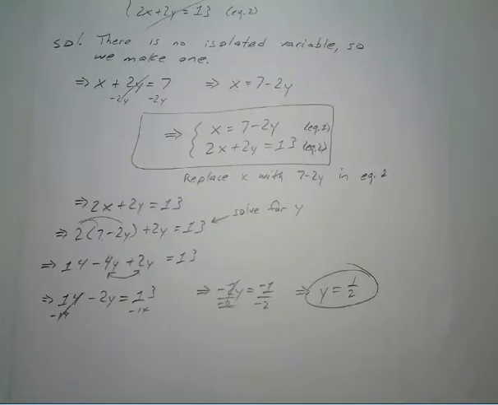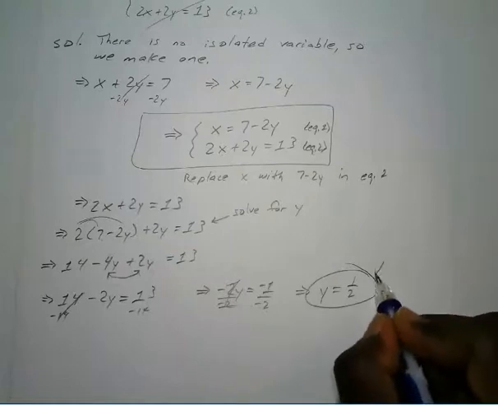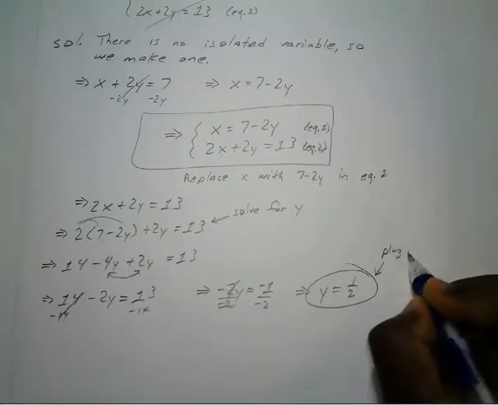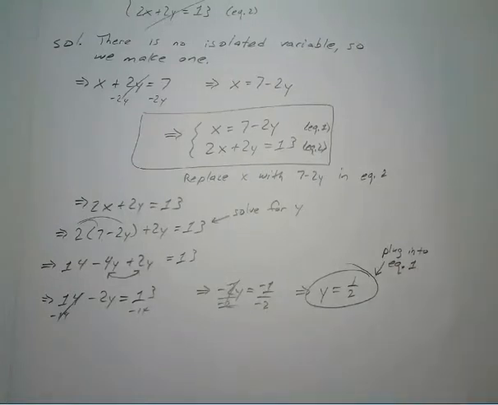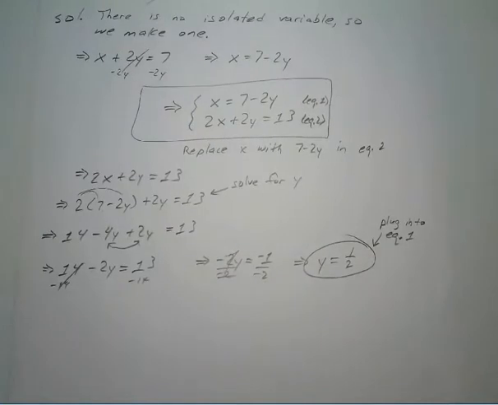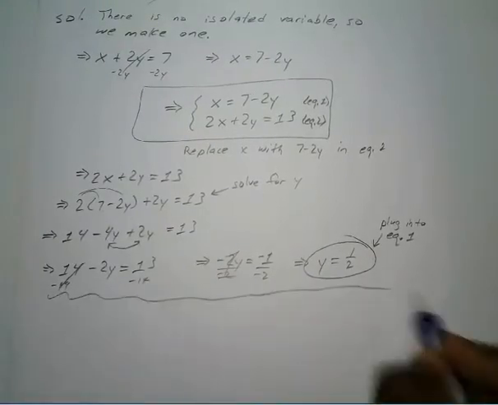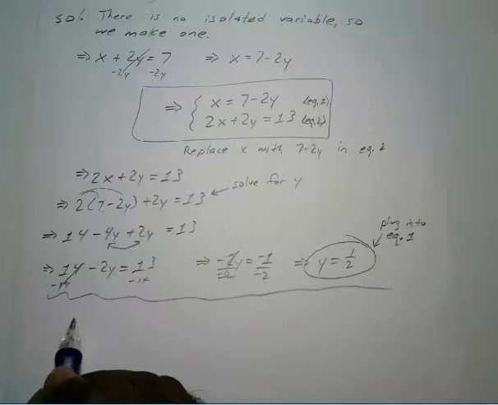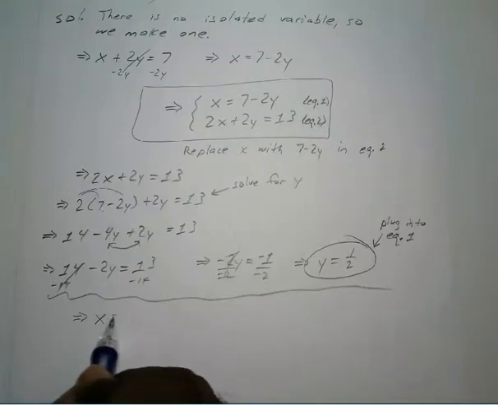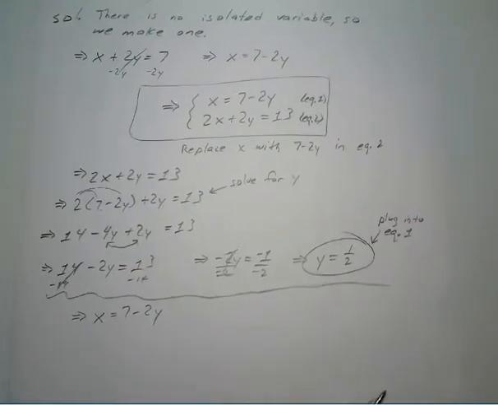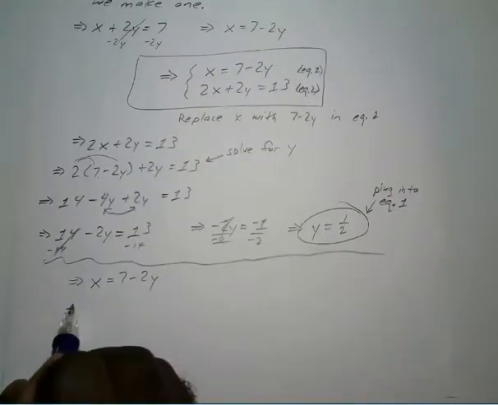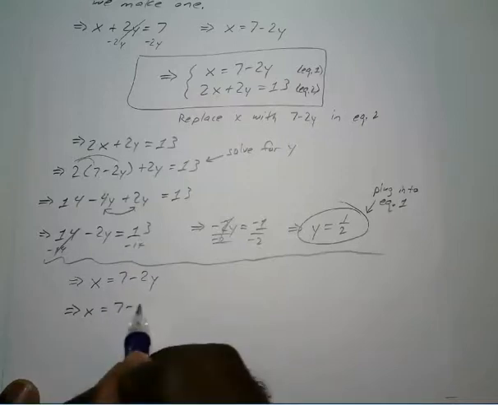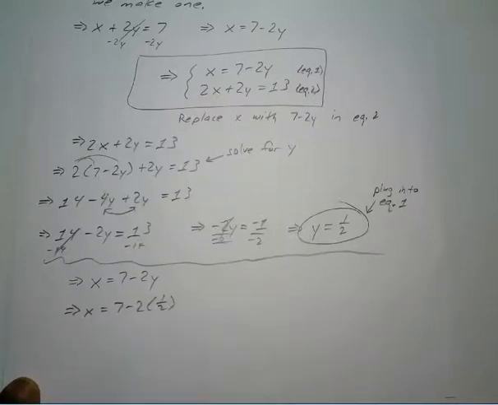We've already used equation 2. Now we plug this into equation 1. Since equation 1 is x equals 7 minus 2y, and y is equal to 1/2, that's x equals 7 minus 2 times 1/2.